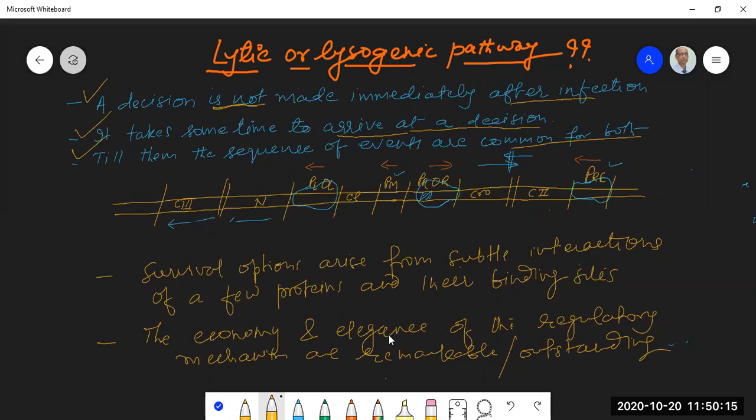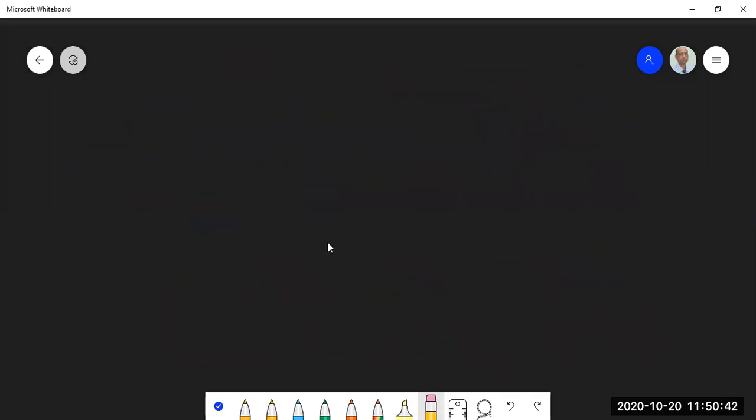And therefore, the word elegance. And the economy, only a few genes are there. In spite of that, it can very successfully follow either of the two pathways. So economy and elegance of the regulatory mechanisms are remarkable and outstanding in case of Bacteriophage lambda. Okay. So if you have understood these, now let us move forward. Let us see what will happen when there is a mutation in CI gene.